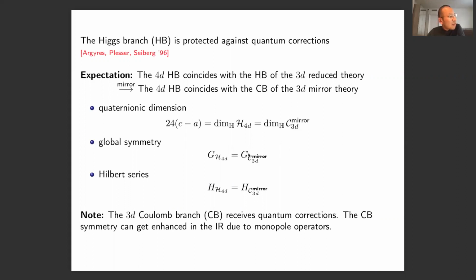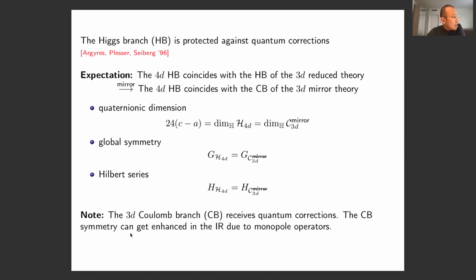The global symmetry of the mirror theory should match with the global symmetry on the Higgs branch of the 4D theory. And if you have some quantity to compute, for example the Hilbert series, the Hilbert series of the Higgs branch of the 4D theory should also be equal to the Hilbert series of the Coulomb branch of the 3D mirror.